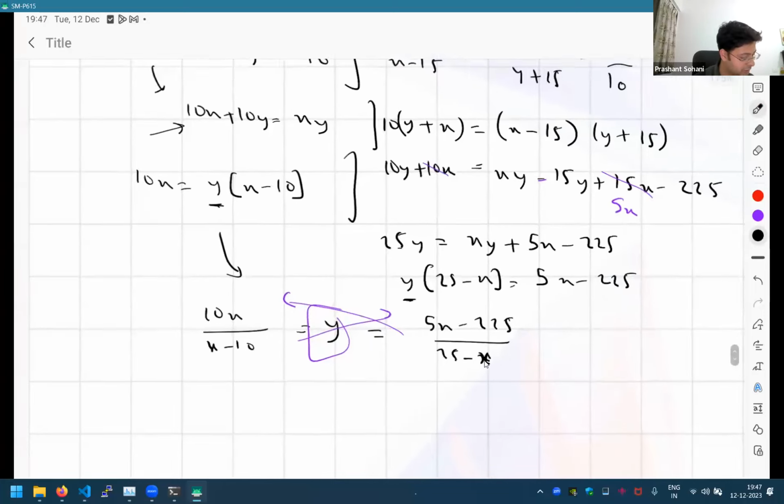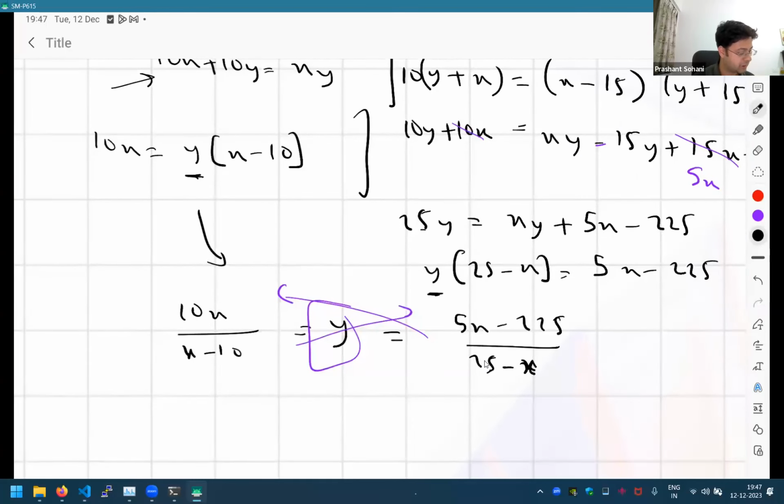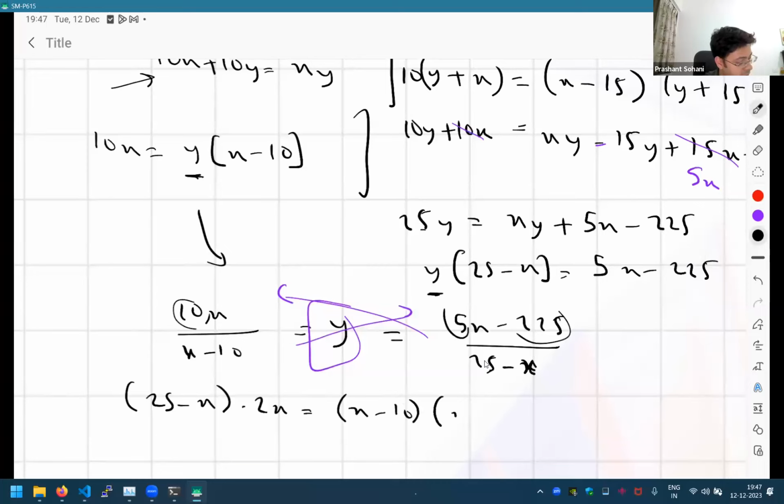Okay. And here let me see if there is a way to simplify it before I proceed. For example, I can see that here I have 10, which is a factor of 5, and here also there is a factor of 5. So I can cancel one factor of 5, and what I'll get is 25 minus x times 2x is equal to x minus 10 times x minus, I have to divide this by 5, right? So I'll get 45.